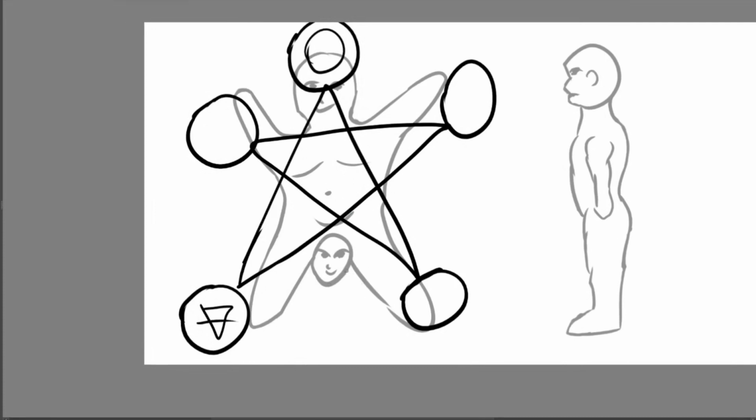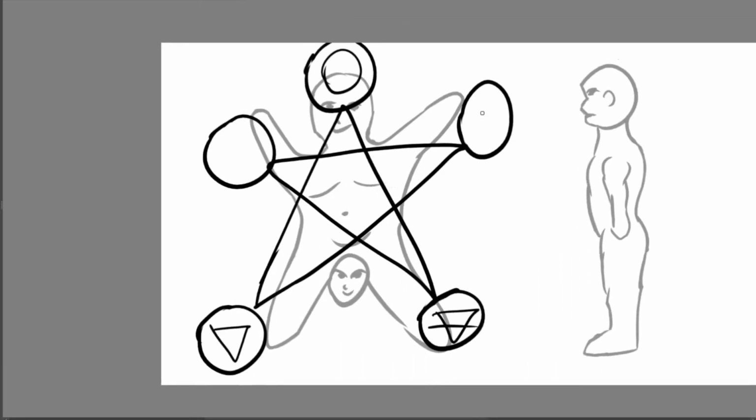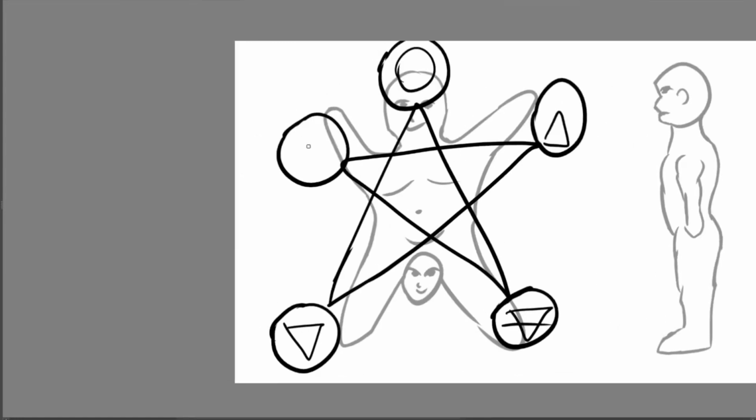Well, actually, would it be debatable which one would be earth and which one would be water? I would say, again, the left leg. So actually, it would look like this for a front view. At least my system would. And then fire, and then water, right? Or excuse me, air.